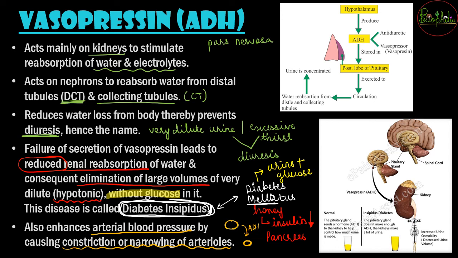Diameter is going to reduce, pressure is going to increase. That is nothing but arterial blood pressure will be enhanced, it will be increased in the case of release of more ADH or more vasopressin. So that is going to be about the last hormone released from pars nervosa as well as the entire pituitary gland.